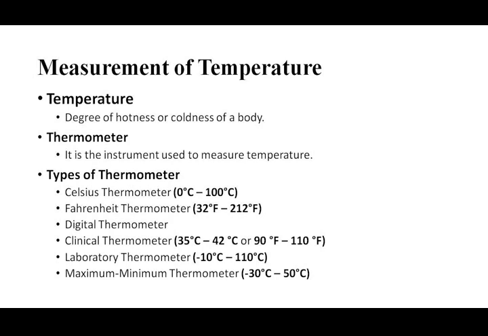But for a lab thermometer, you need a slightly higher range of temperatures. So you start from minus 10 degrees Celsius to 110 degrees Celsius. And lastly, the maximum and minimum thermometer. It is used for measuring the temperature of the day. Okay, it ranges from negative 30 degrees Celsius to 50 degrees Celsius.